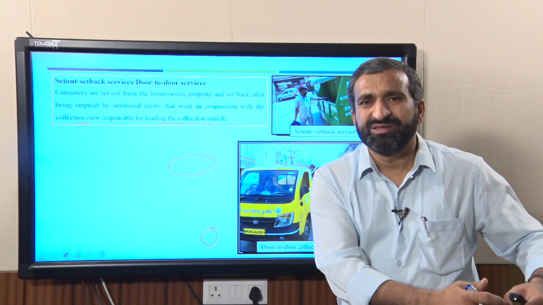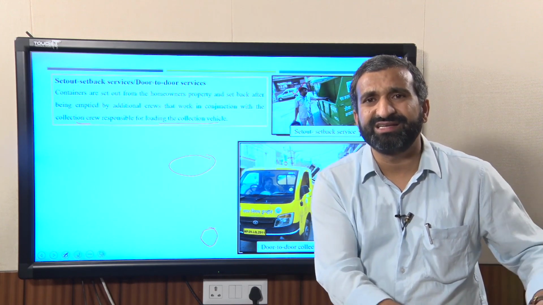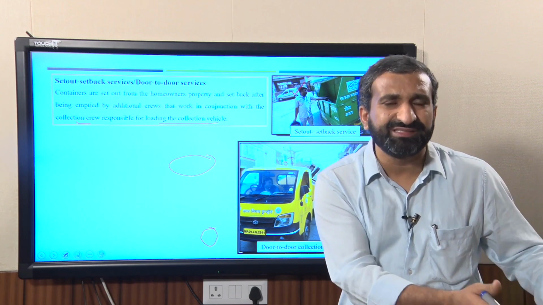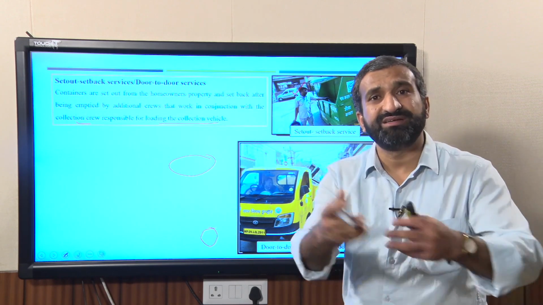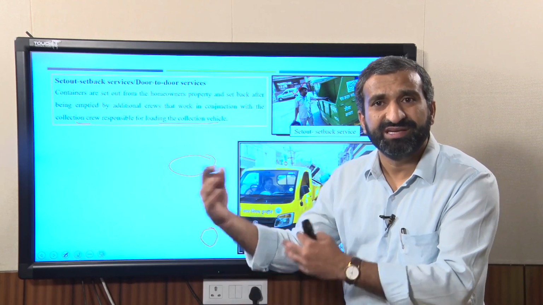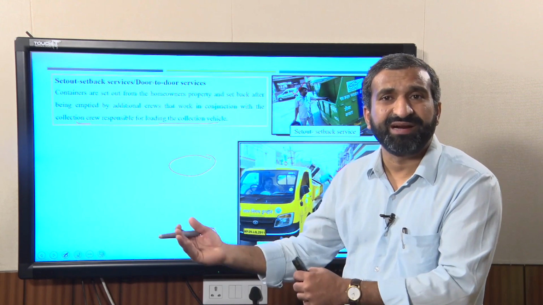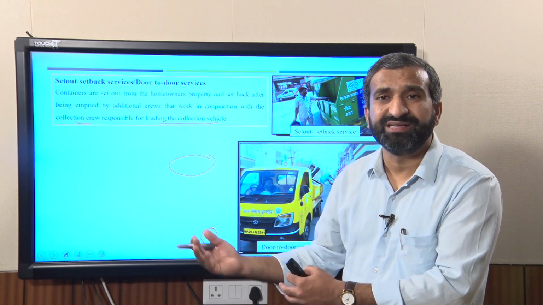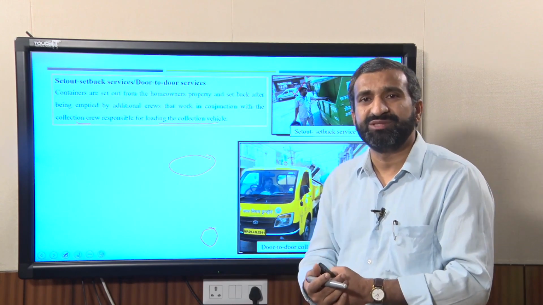So in that case the segregation also sometimes will be very difficult. So in that case we can have the curb service and collect the waste from those areas. But if you go to the other area where people are easily segregating the waste, and a lot of recyclable matter or compostable matter we are getting, then in those areas we can have the house to house collection system.